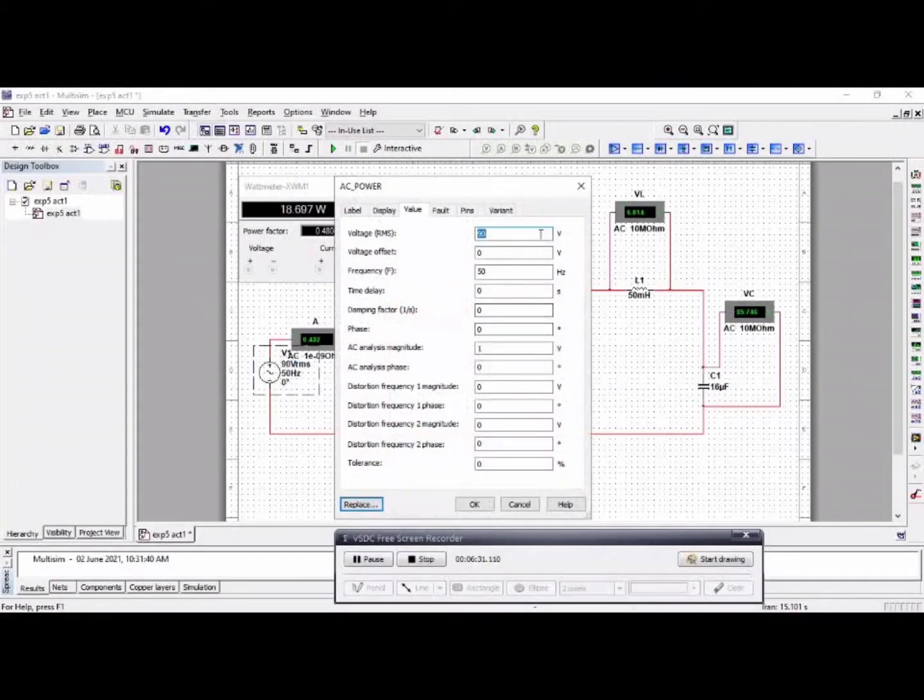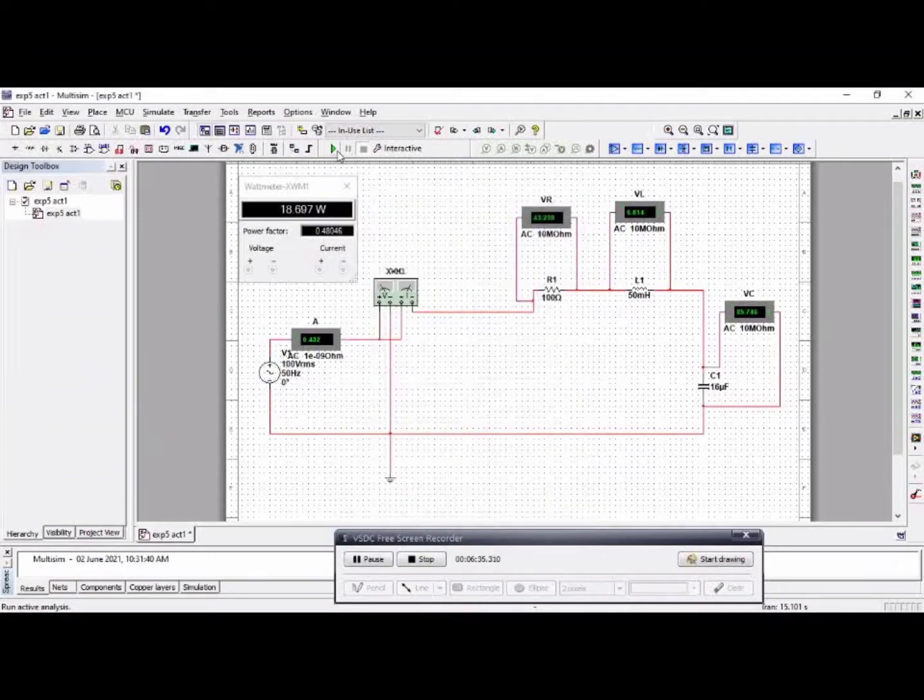Next, the last is 100 volts. Now we get the value of I here, and then the wattmeter shows power and power factor, and then VR, VL and VC.